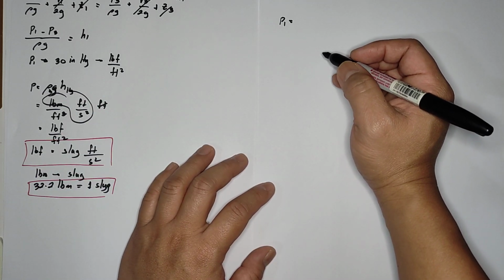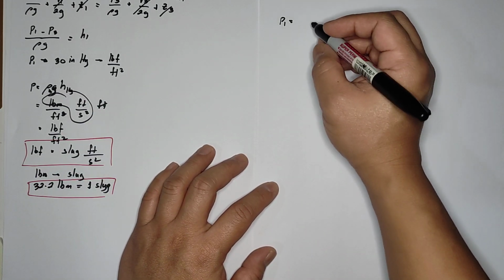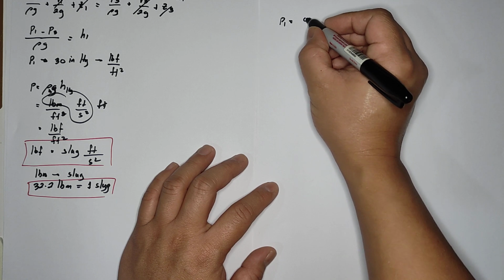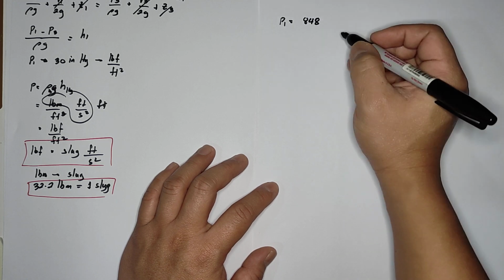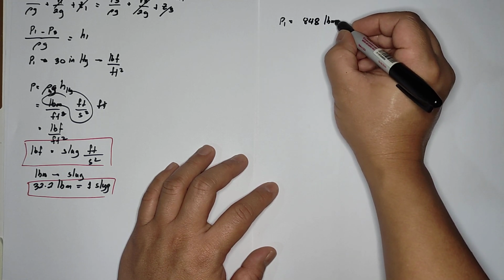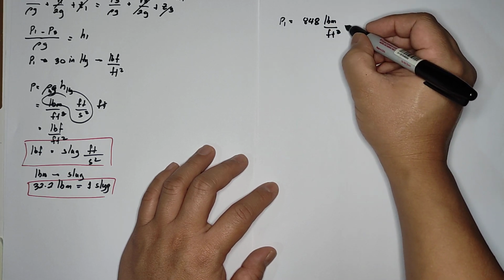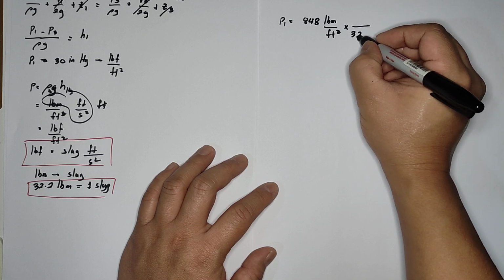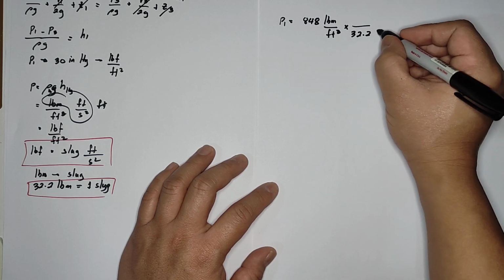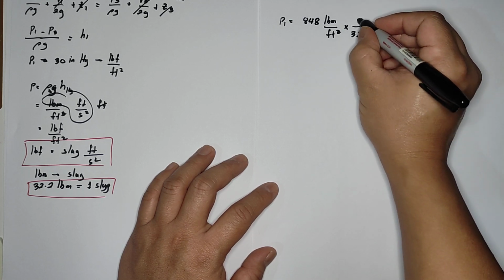The rho for mercury is 848 pound mass per cubic foot. Again, convert this into slug, so you have 32.2 pound mass per slug.